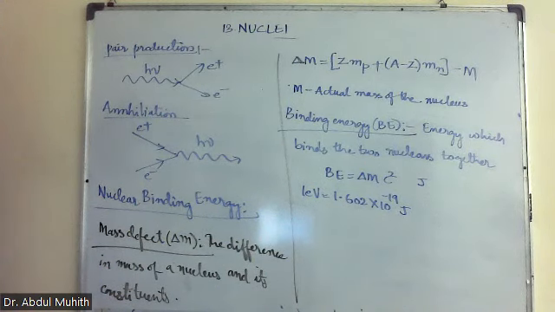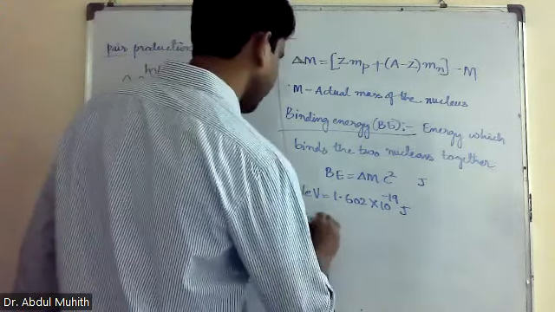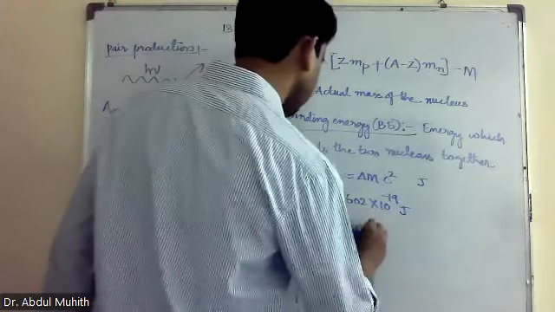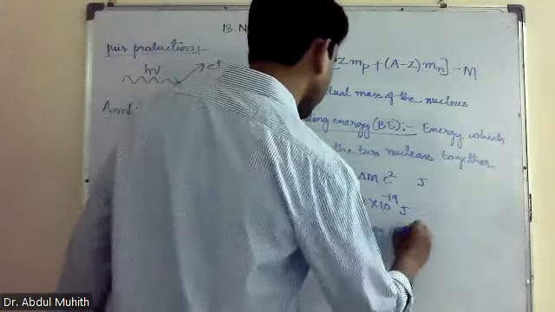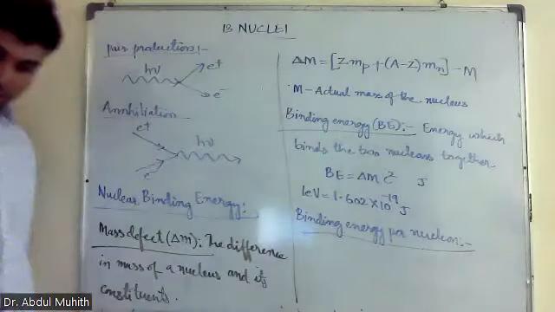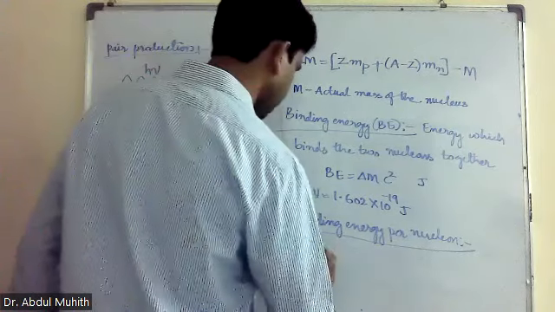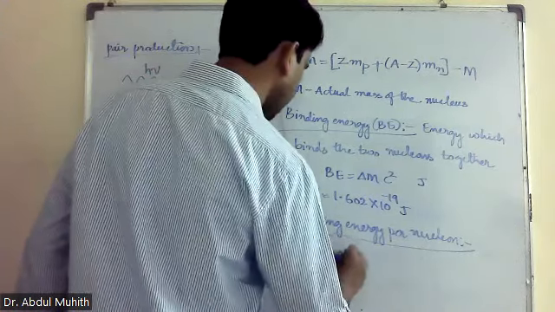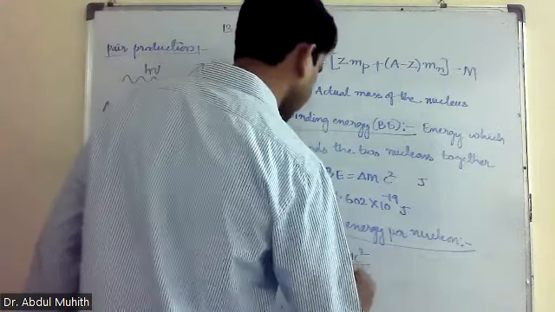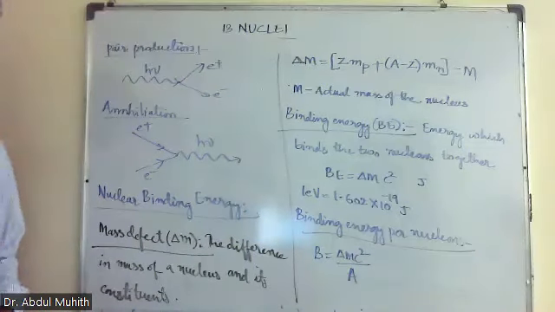So, binding energy per nucleon. Here B is equal to delta M C square divided by capital A. So that is binding energy per nucleon.